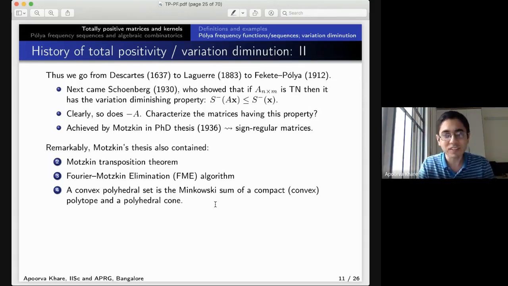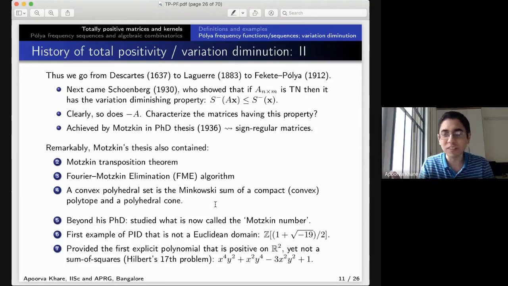But even beyond his thesis, he branched out into diverse areas and made fundamental contributions in all of them. In combinatorics, he studied the Motzkin number, which is about chords joining marked points on the circle. He gave the first explicit example of a PID that's not a Euclidean domain. He gave an ideal-free proof of Hilbert's Nullstellensatz with some degree bounds.